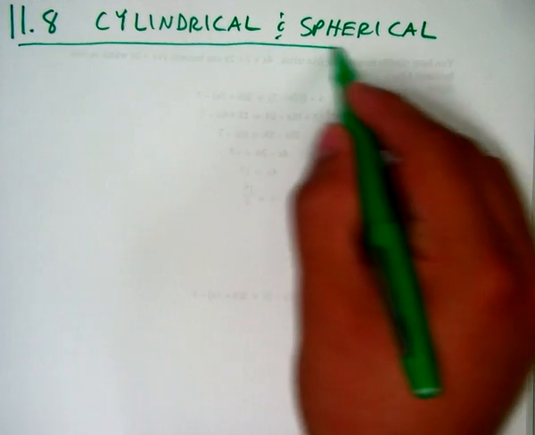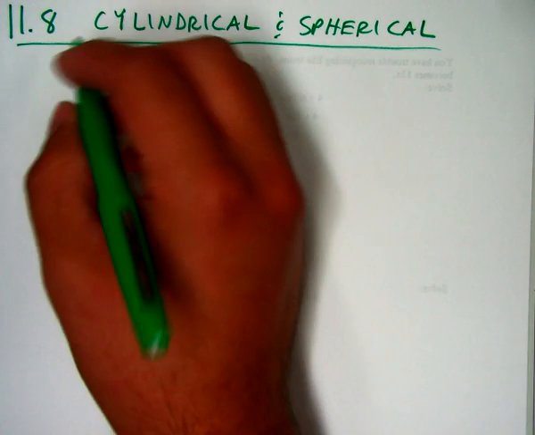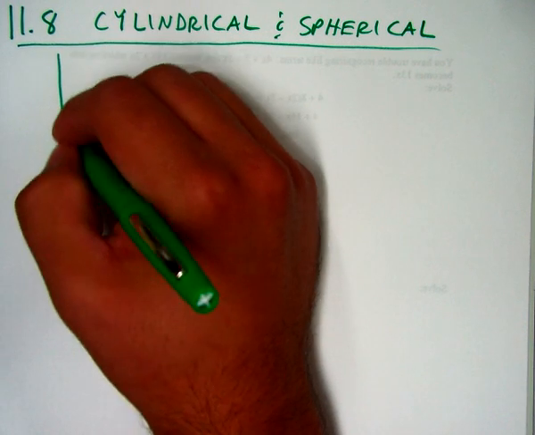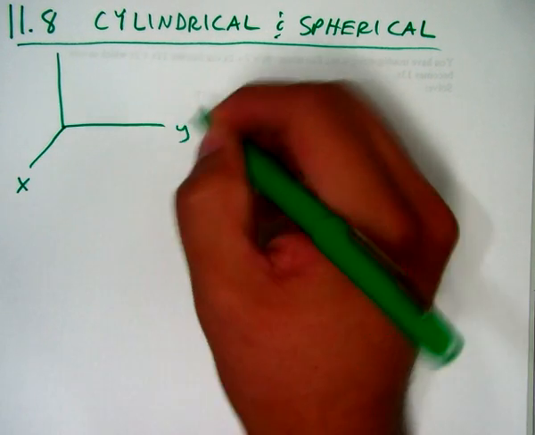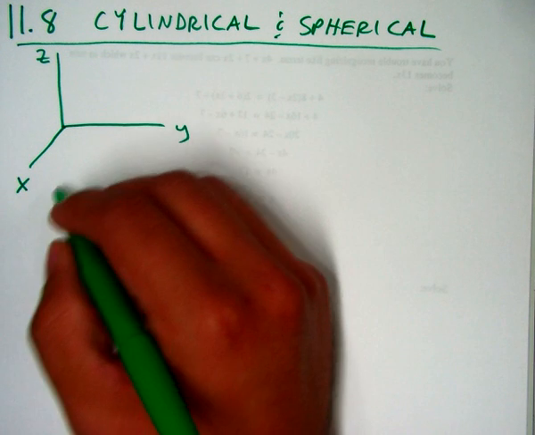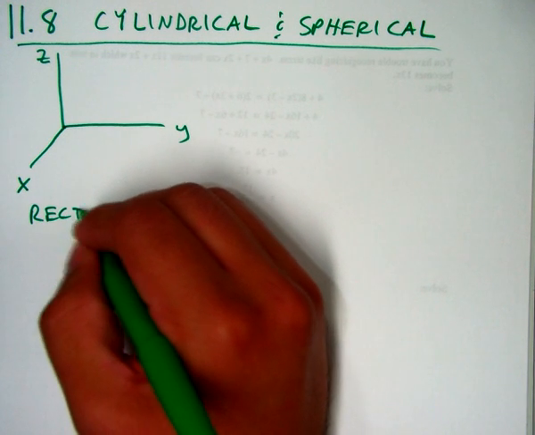So let's just kind of talk about the three different systems we have, all right? Currently, we have what we call a rectangular system. That's what we've been using.